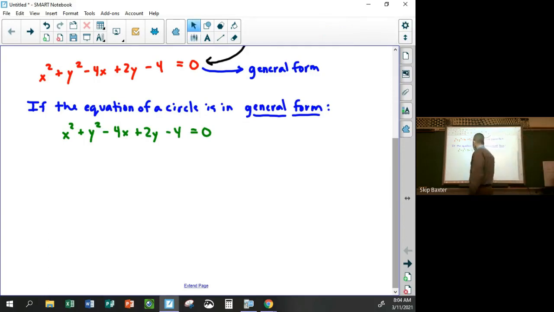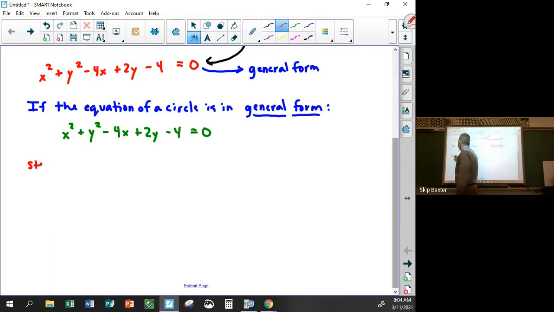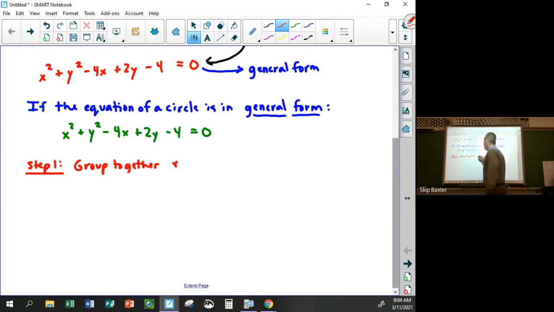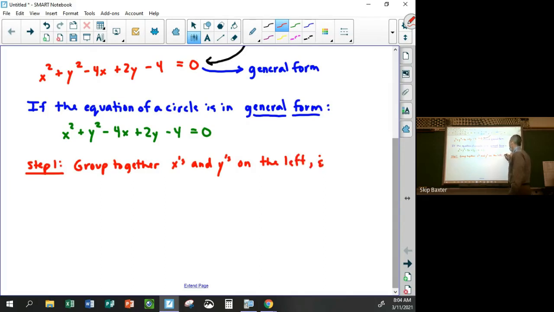Step 1 is to group together x's and y's on the left and move the constant to the right.